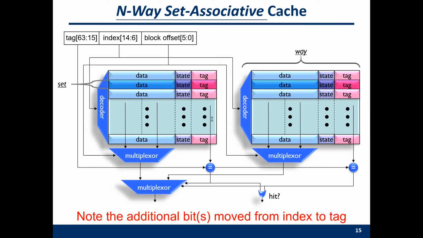Once your address is mapped into set 0, you have two options to store the data. You can either store it here or here. Inside each set is fully associated.